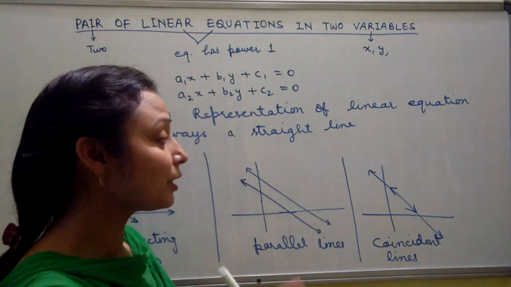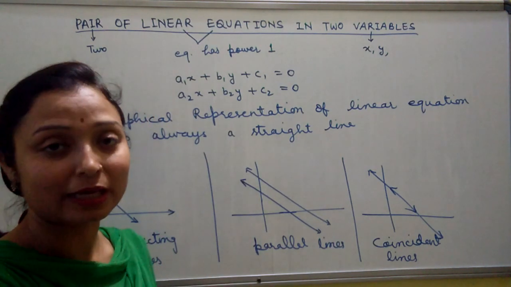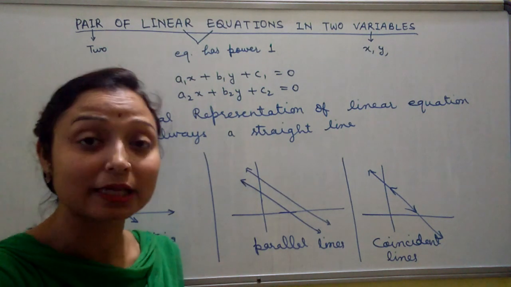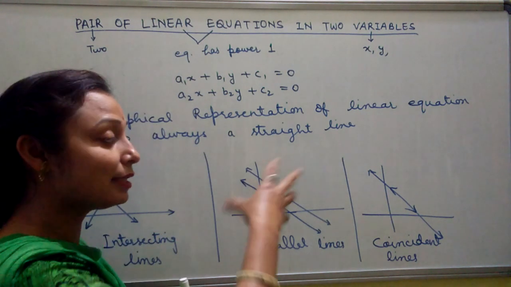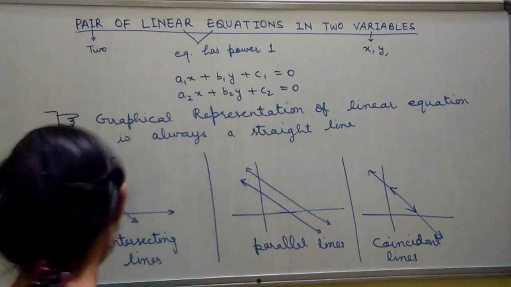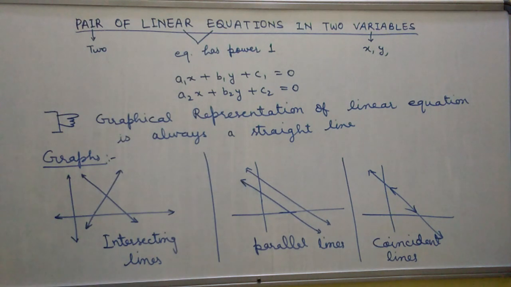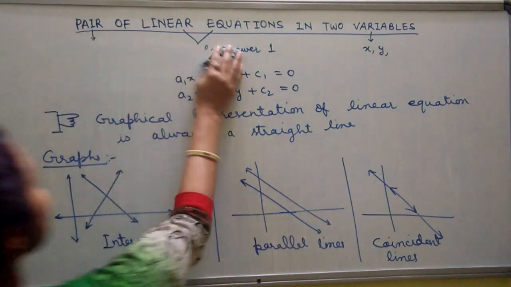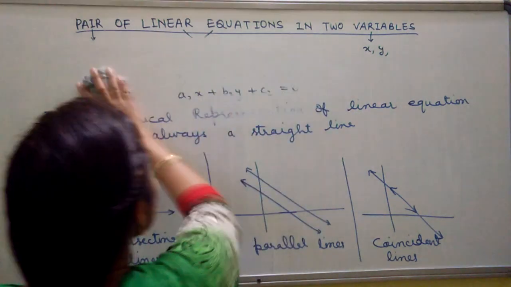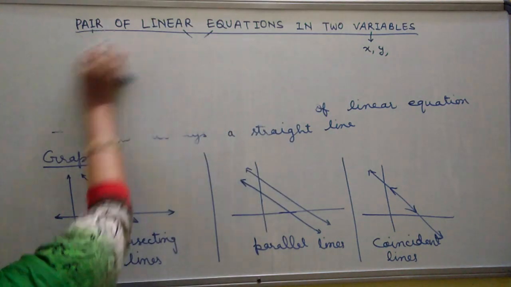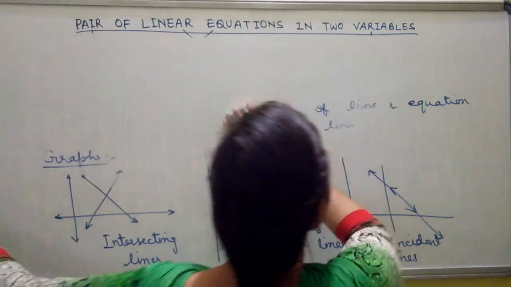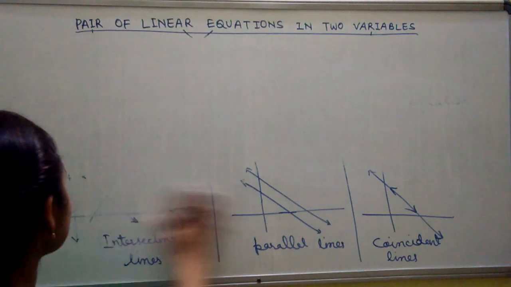Now we have the conditions for these three types of lines, and the system being consistent or inconsistent is based on these lines. So let's come to the conditions.